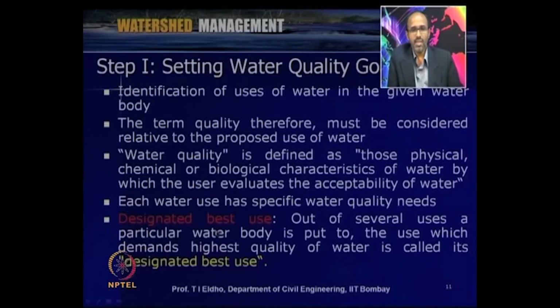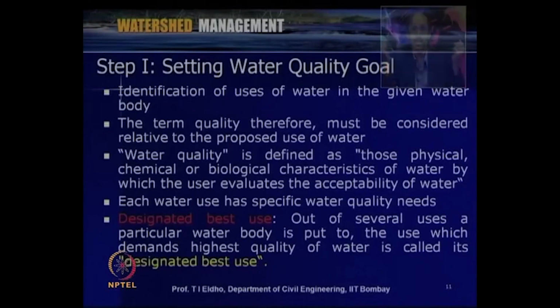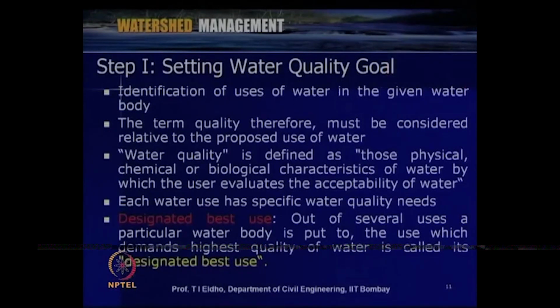For example, designated best use means that out of several uses, the use of a particular water body which demands the highest quality of water is called its designated best use. For example, consider the water in a reservoir. The water from the reservoir may be used for drinking purpose, irrigation purpose, or recreational purposes.